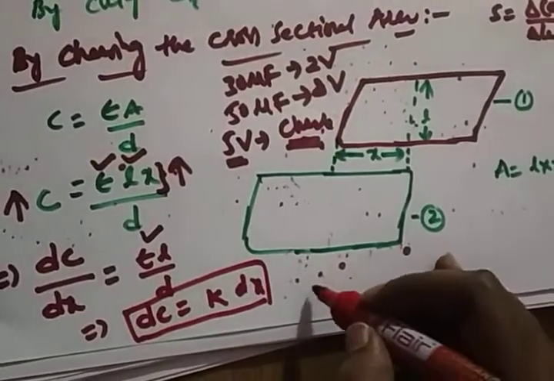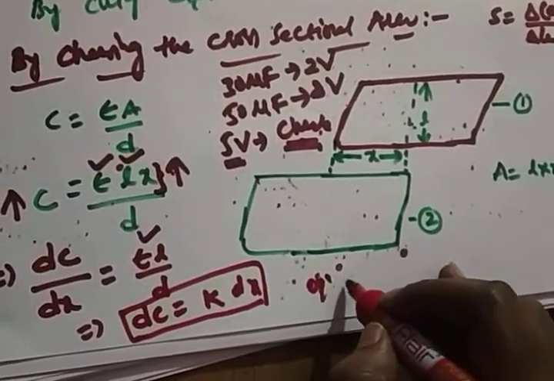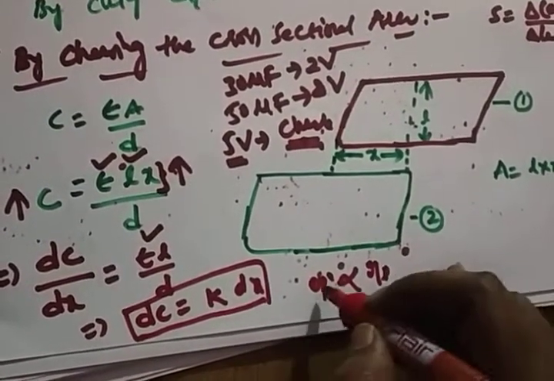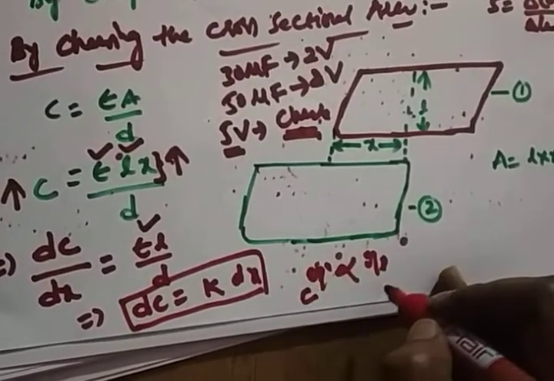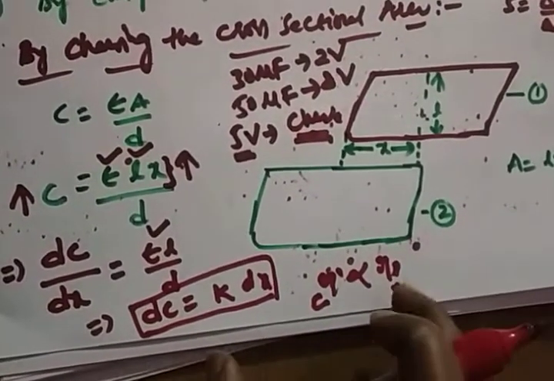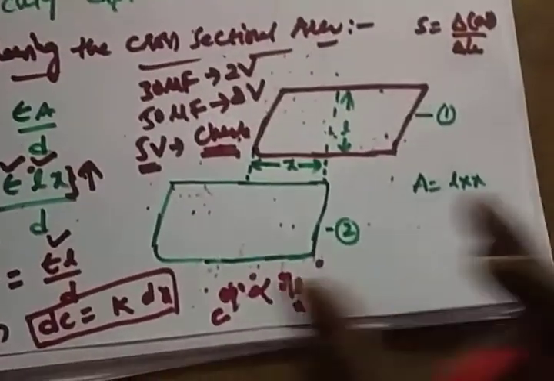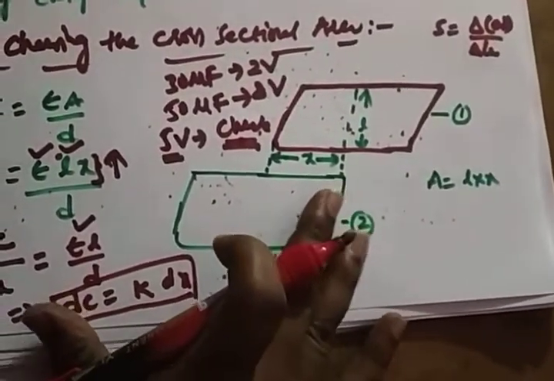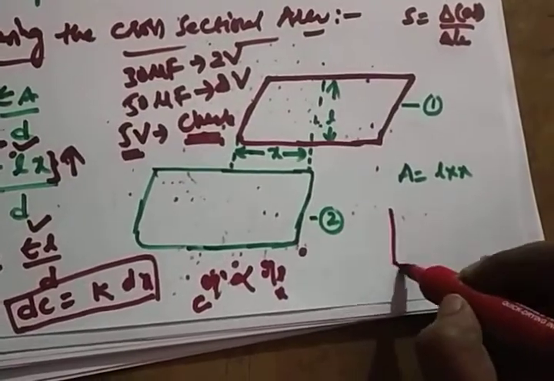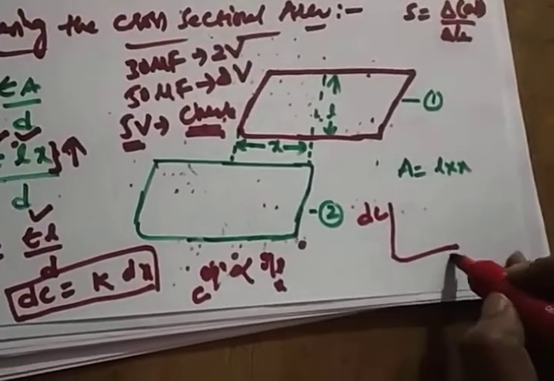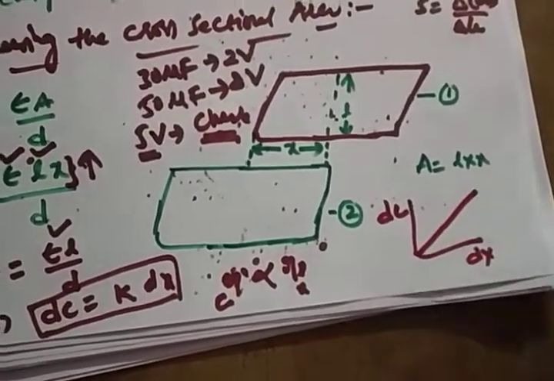Whatever the output is, it is directly proportional to the input. My output is linearly related to the input, so my scale is a linear scale with these displacement calculations. If it is dC versus dx, the scale will look like this.